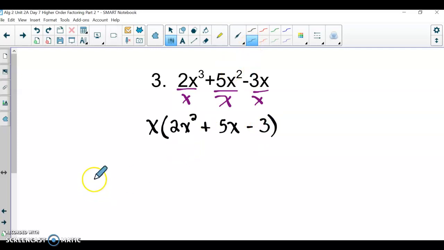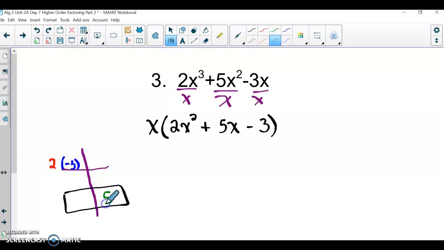What method do we use now? We use ABC. We make our table. Multiply A, which is 2, times the value of C, which is negative 3. Whose sum must be B, which is 5.